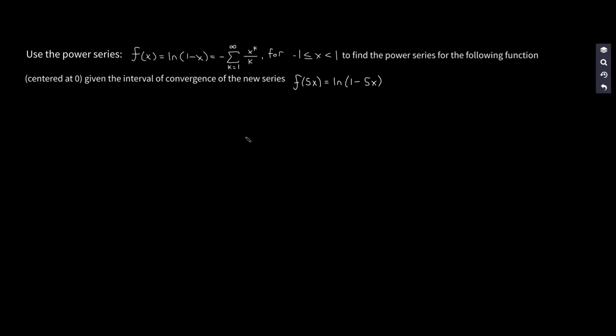So this next problem in the problem set says to use the power series f of x equals the natural log of 1 minus x equals the negative summation of k equaling 1 to infinity of x raised to the power of k over k, for negative 1 less than or equal to x, which is less than 1, to find the power series for the following function, which is centered at 0, given the interval of convergence of the new series.